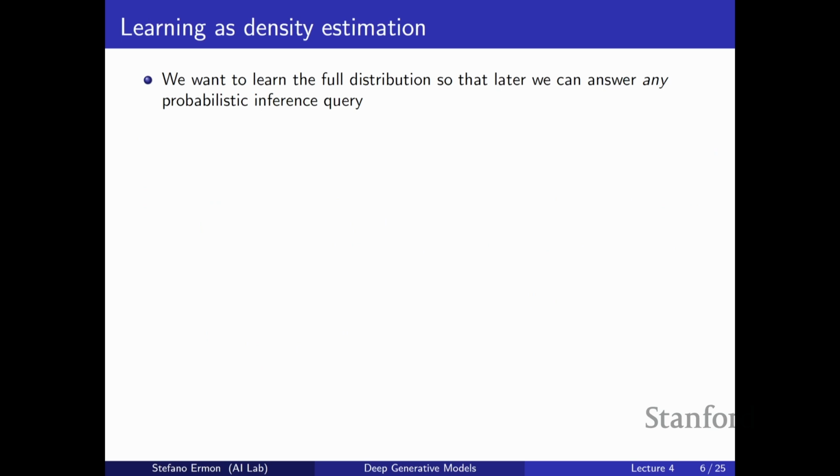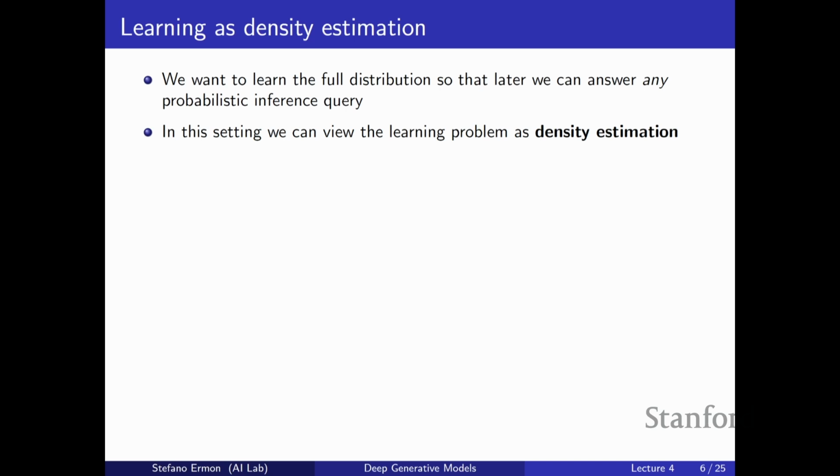And so let's say that really what you want to do is learn a joint probability distribution over the random variables that is as good an approximation as possible to the data distribution that generated your data. How do you do that? This is basically density estimation.